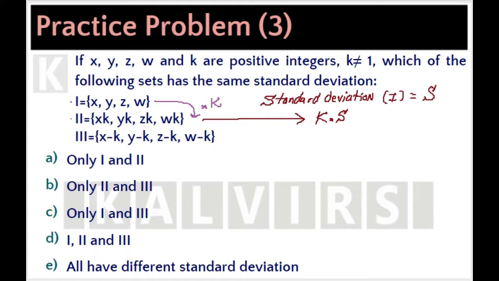Different numbers. Now, let's have a look at set 1 and set 3. Each of the members of set 3 are each of the members of set 1 minus K. Now, if you add or subtract the same number to each of the members of the set, the standard deviation stays the same.